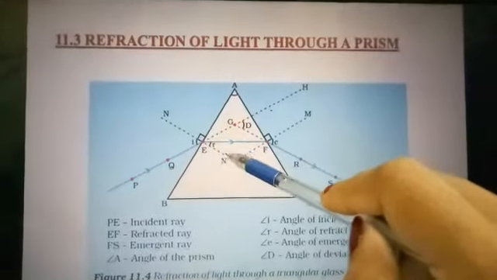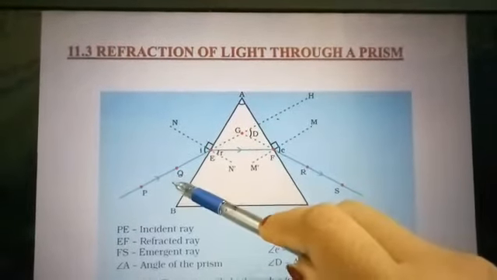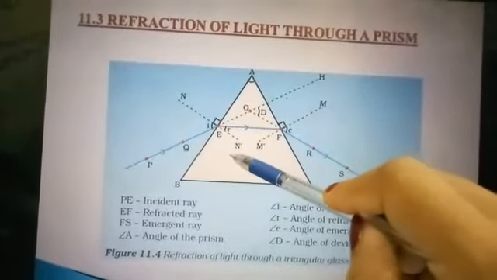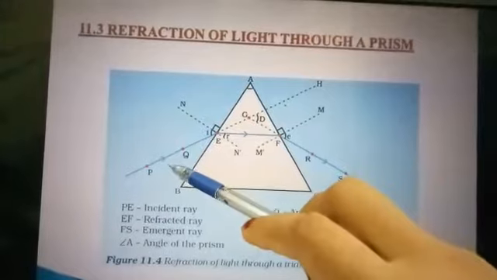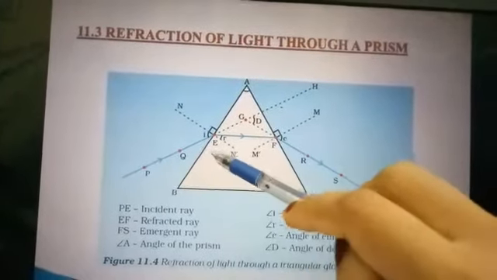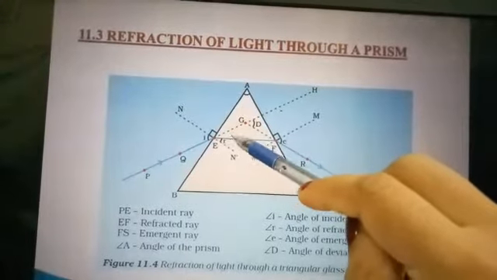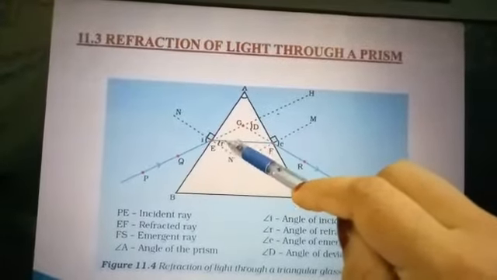Because this medium is dense and this medium is rarer, air is rarer and glass is denser. So when a light ray moves from rarer to denser, where does it move? Towards the normal. So here it moves towards the normal.